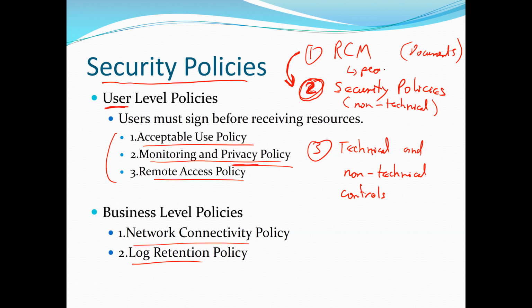So security policies, and only then do you start getting into the technical and non-technical things. After that, you get to specific areas like the UNIX system, the network, Windows systems, and so on.